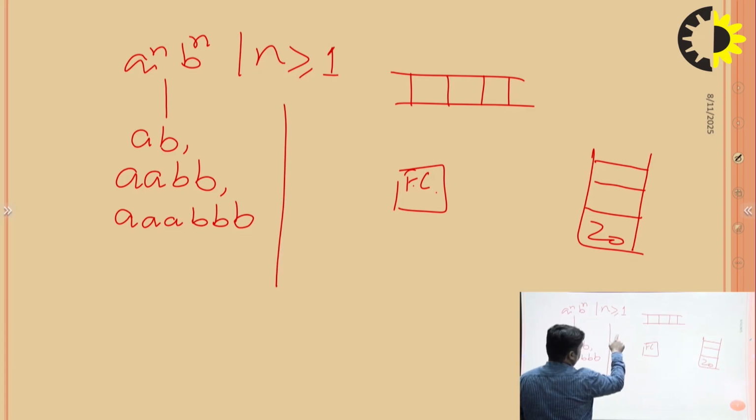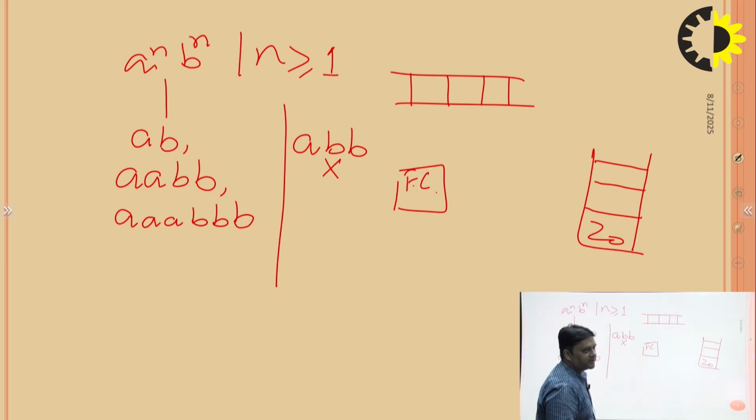If we take the string abb, it will not be accepted here because the number of a and the number of b are not equal. So there is a comparison between a and b.